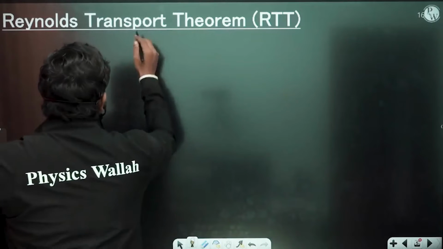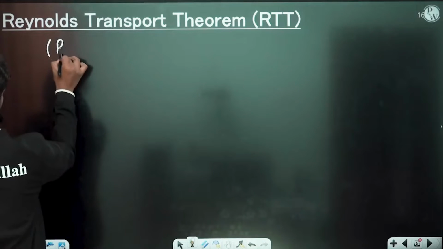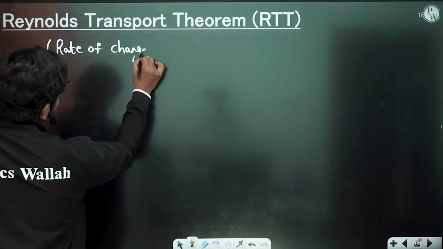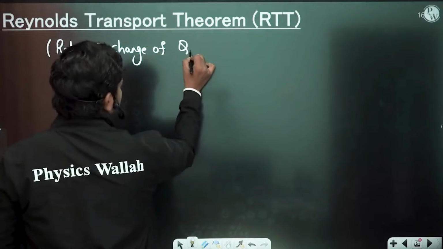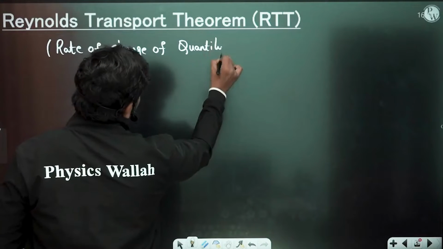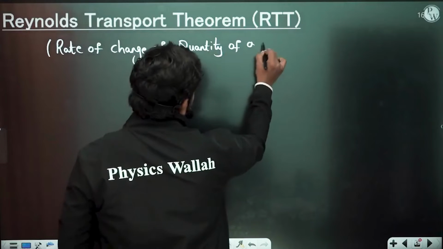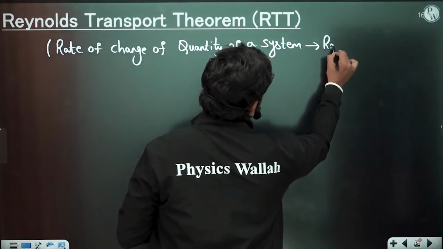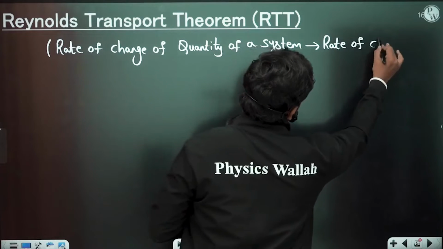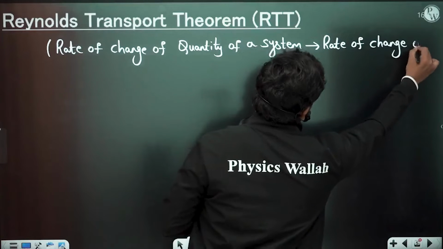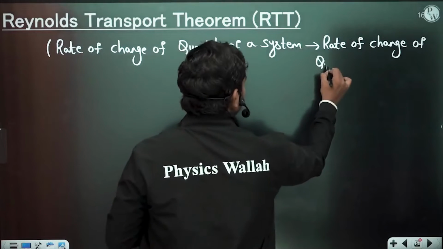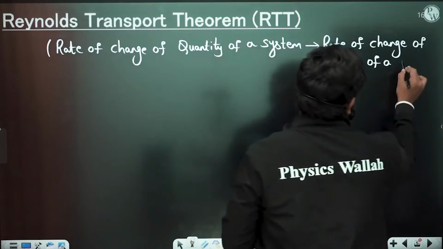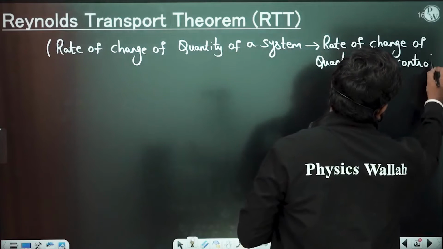Okay, so this Reynolds transport theorem basically connects rate of change of quantity or property, generally any quantity you can say, rate of change of quantity of a system to rate of change of quantity of a control volume.